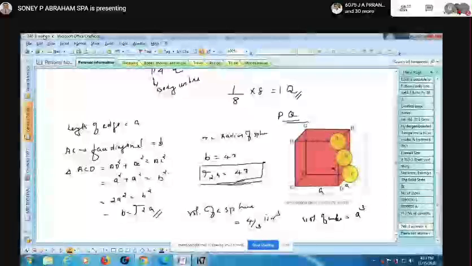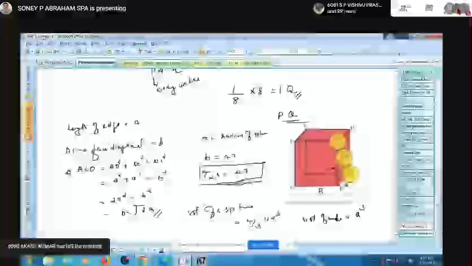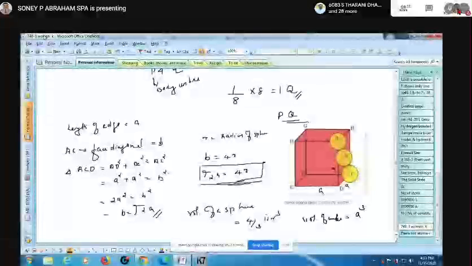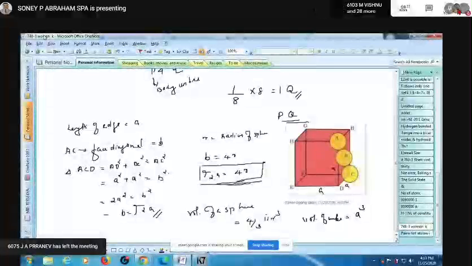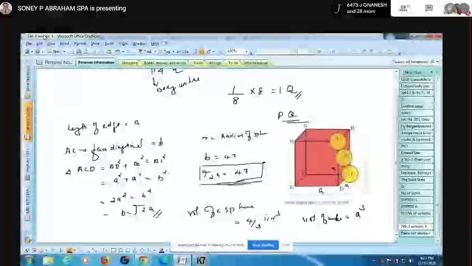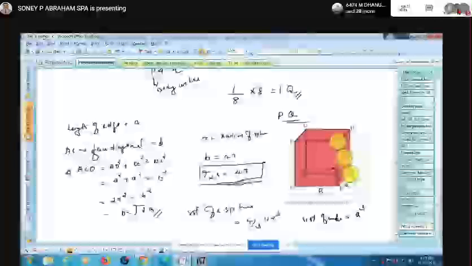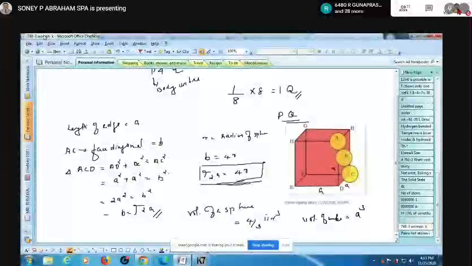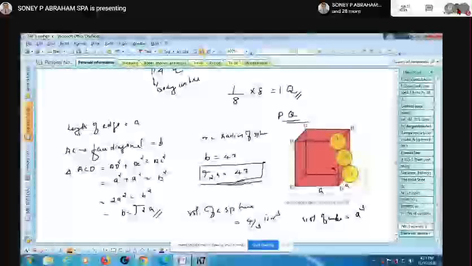It will give 16 by 3 into 22 by 7 into R cube divided by 2 cube, 8, times root 2, which is 1.414, all cube R cube, into 100.